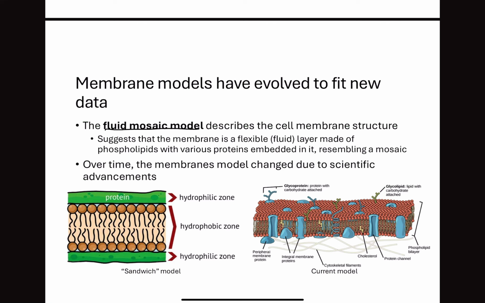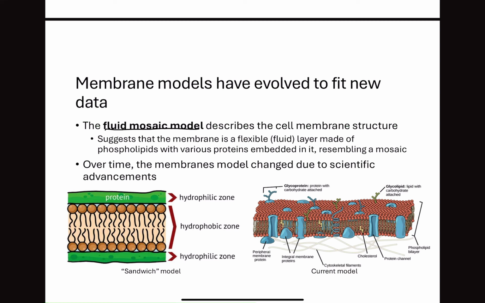So essentially, models of the membranes were developed a long time before we even saw the membranes for the first time. And we actually saw our membrane for the first time in the 1950s using electron microscopes. But in 1915, we were able to isolate the membranes from red blood cells, and we chemically analyzed them and found that they were composed of lipids and proteins.